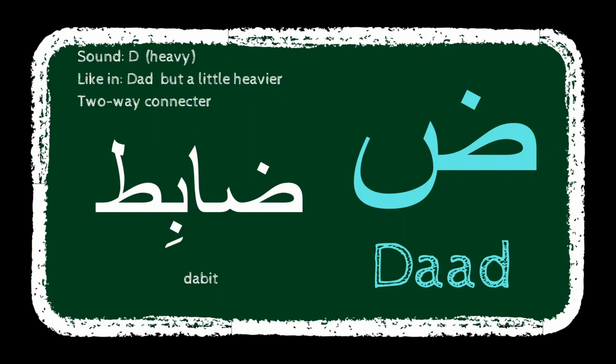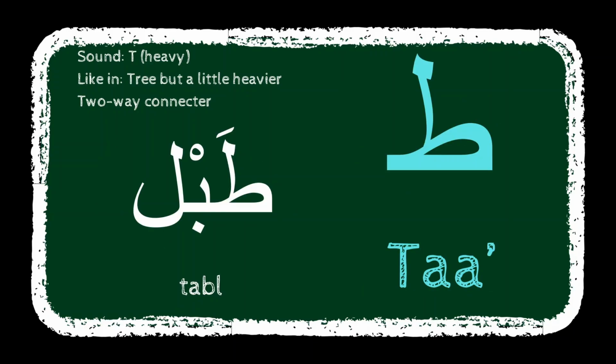It's one of those letters that you might not find in English, but let's learn how to pronounce it in a word. This word is dabit, which means an officer.